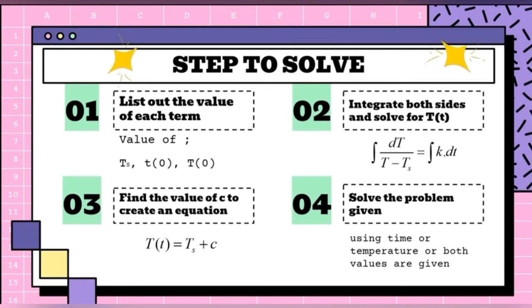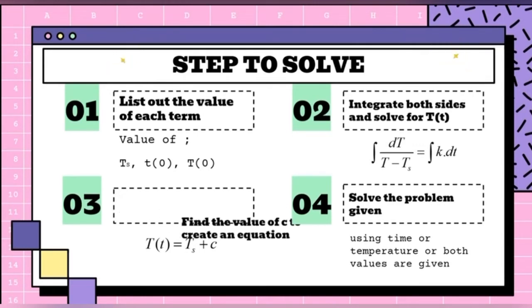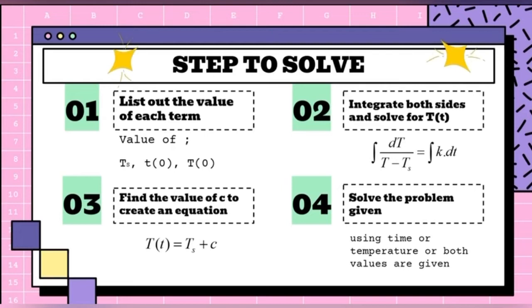After we solve the equation, we get the function of T at the third step. Then, find the value of C to create a complete equation using that formula. Then, solve the problem given using the time or temperature, or both values given.